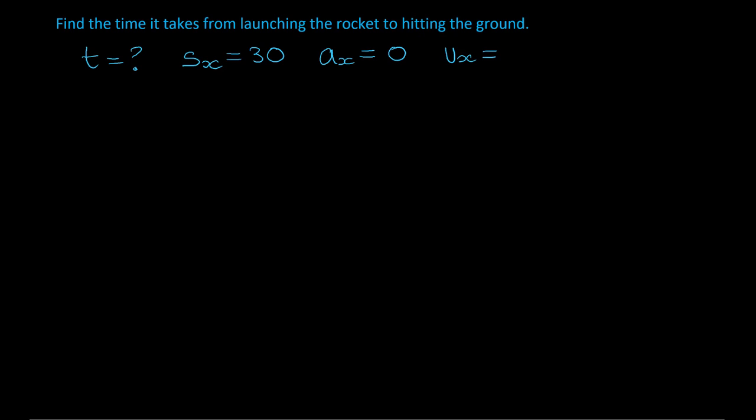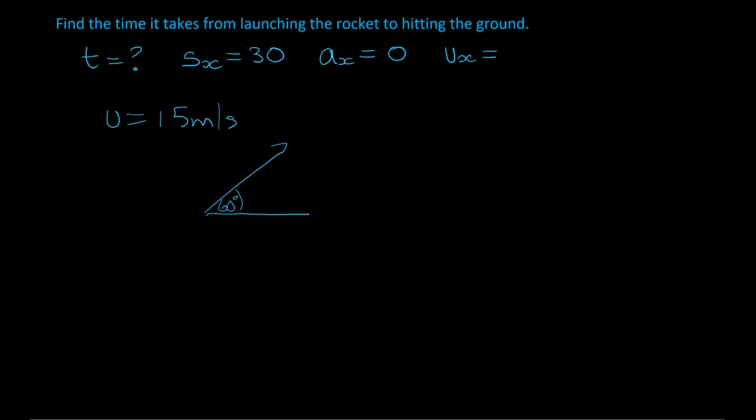We need to work out the horizontal initial velocity. We know u equals 15 meters per second at an angle of 60 degrees.